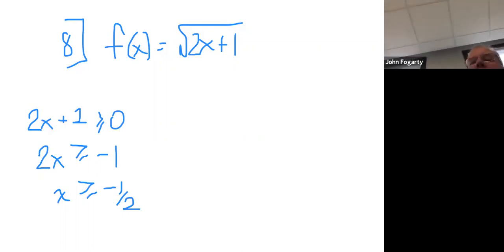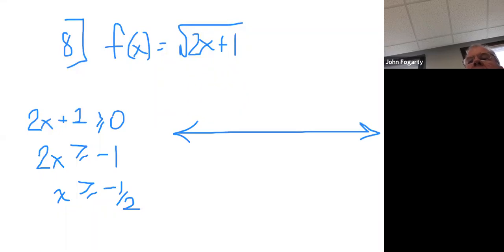Now, what that means, if I give you a number line and I said to you, tell me the numbers that x can be. Well, here's what we know. Here's -1. So here's -1/2.